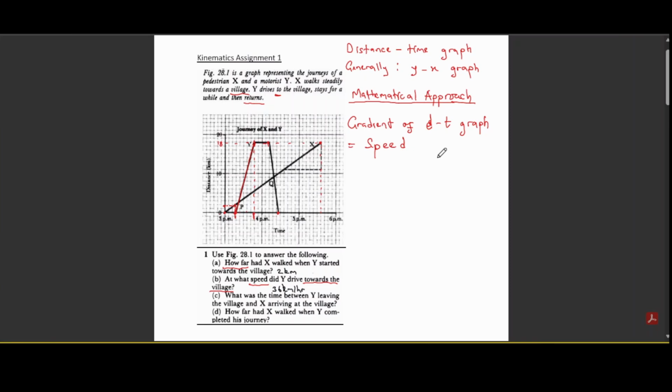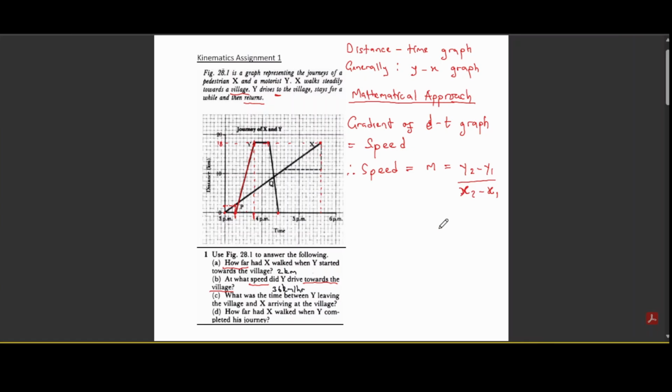Therefore speed is equal to gradient, which is change in y over change in x, and I would write the change in y as y2 minus y1, then the change in x as x2 minus x1.